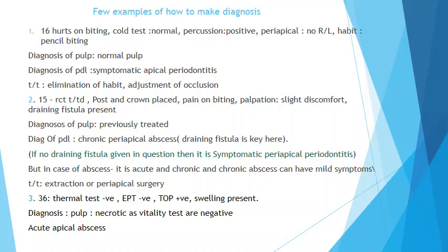So for pulp, the diagnosis will be necrotic pulp, and there is swelling and there is tenderness on percussion, which takes us to our diagnosis as acute apical abscess, because there are symptoms, or symptomatic apical abscess. I hope it is getting a bit clearer.